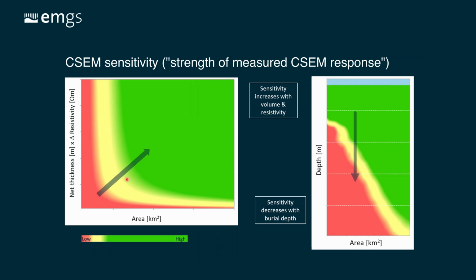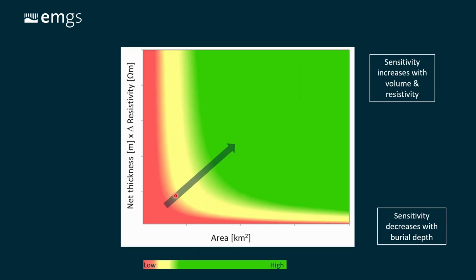Of course, the detectability depends also on the depth, and for objects that are buried deeper, you need objects that are larger. So this yellow band that marks the edge of the detection limit moves to the upper right for deeper targets and to the lower left for shallower targets.